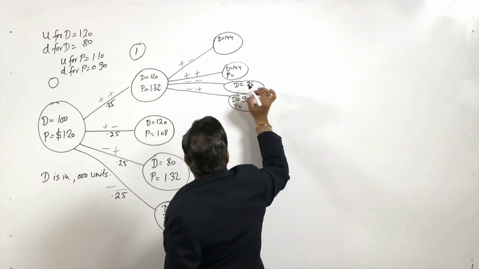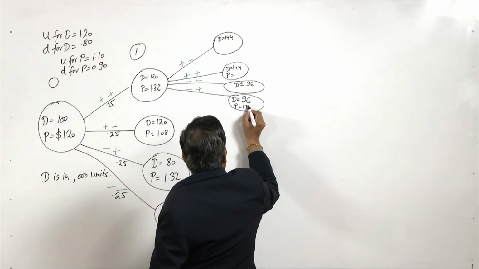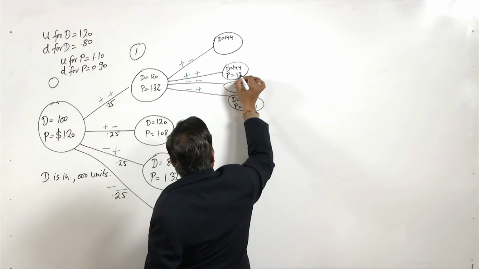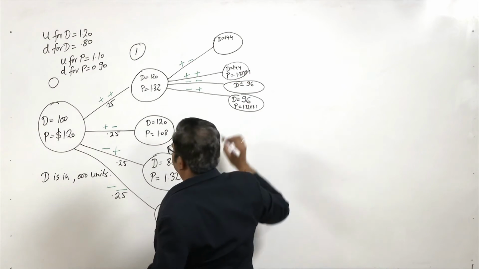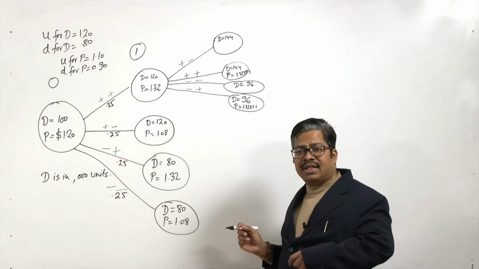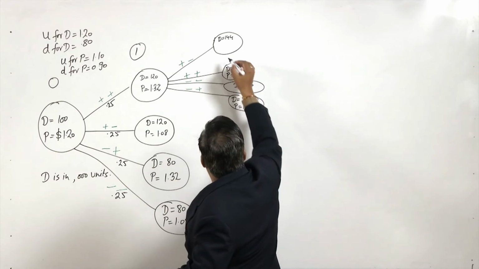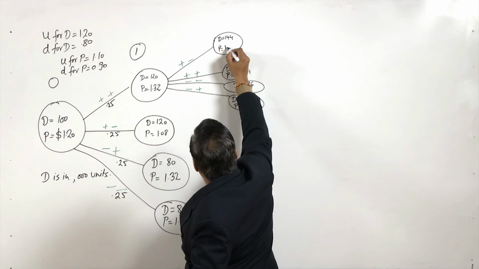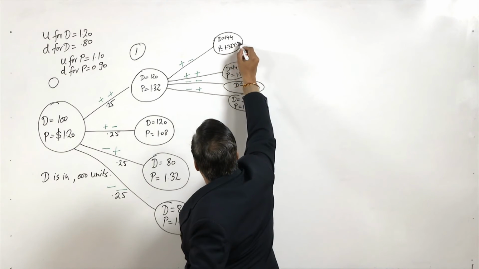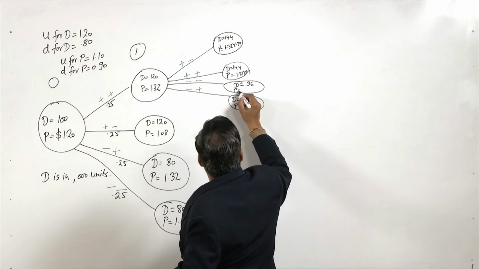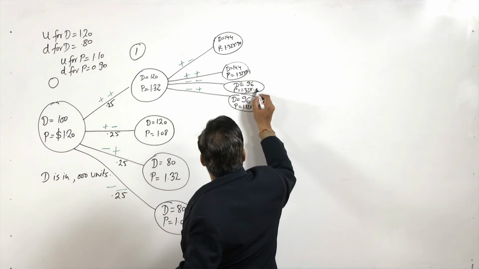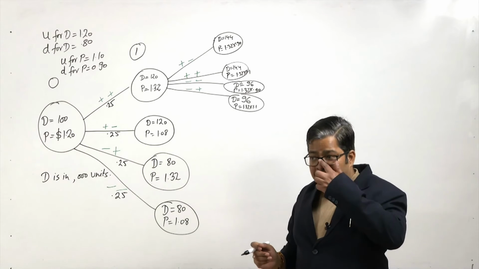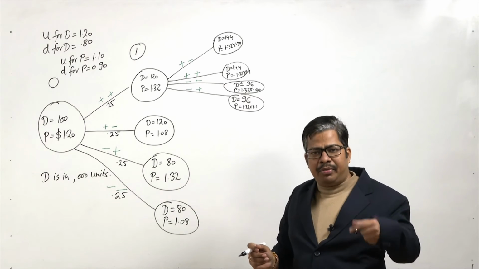So, this value will come here, 1.32 into 1.1, and when price is decreasing, price equals 1.32 multiplied by 0.90.